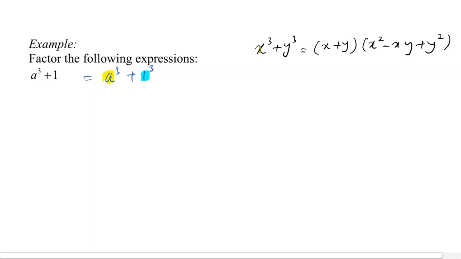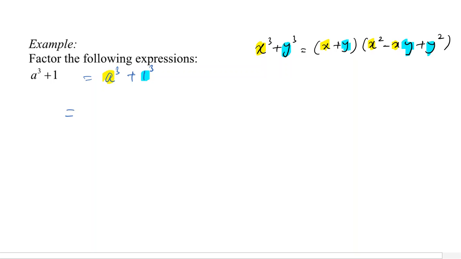And just let me remind you, in this case, in place of x, you have a, in place of y, you have 1. I'm just writing the color coding so that you can fill in the blanks when you do the factoring.